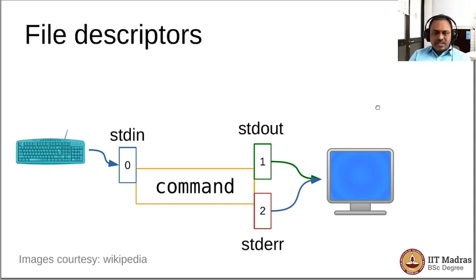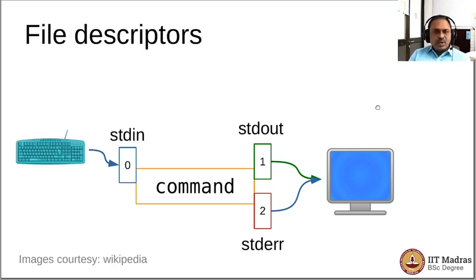They are called standard in, standard out, and standard error. The standard in is a pointer to the stream which is coming from the keyboard or the user input, and the standard out and standard error are usually pointing to the screen where the display of the output is made.